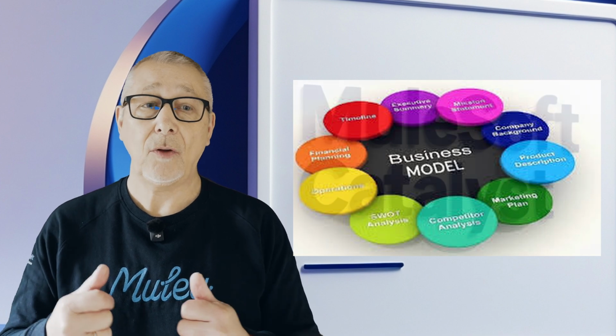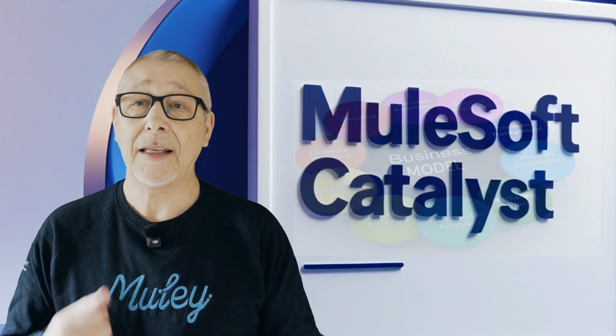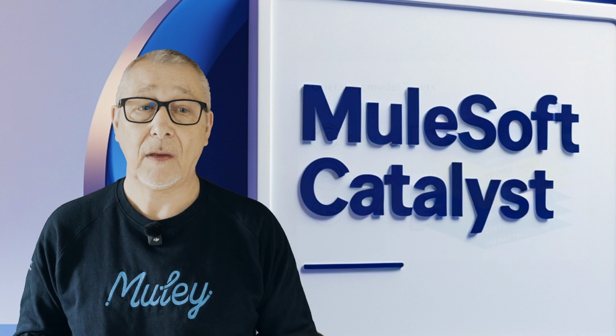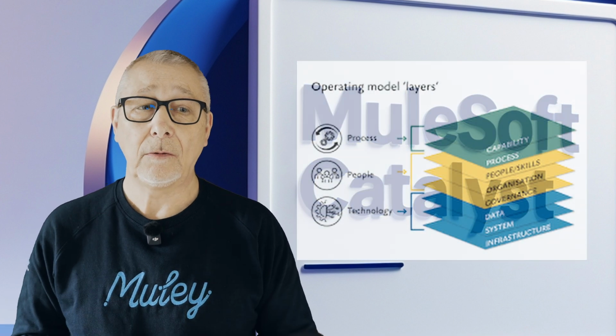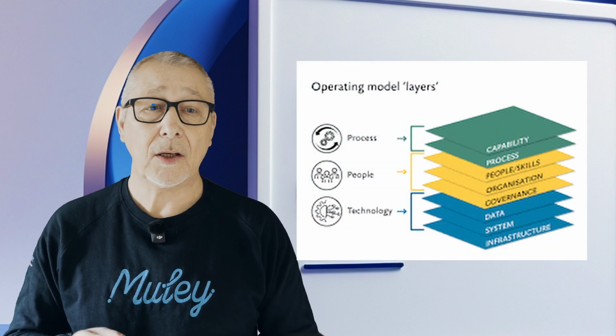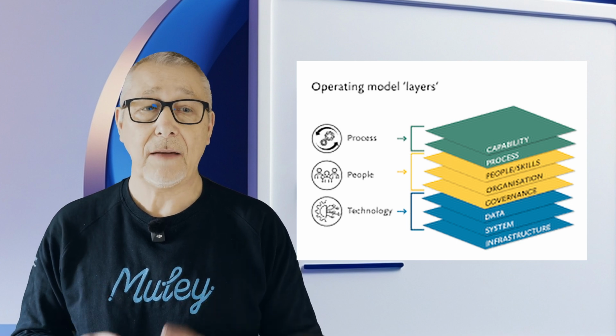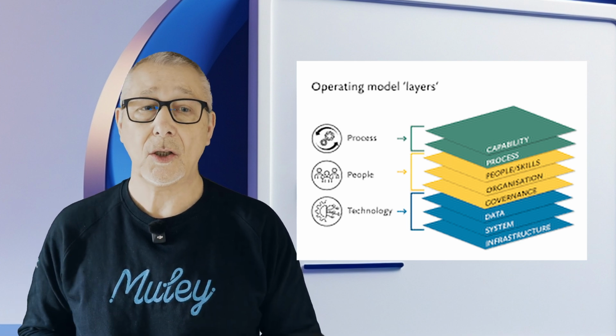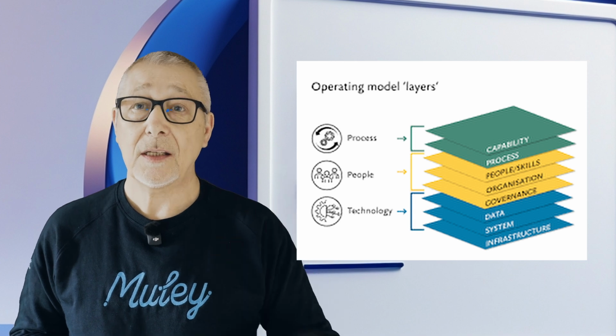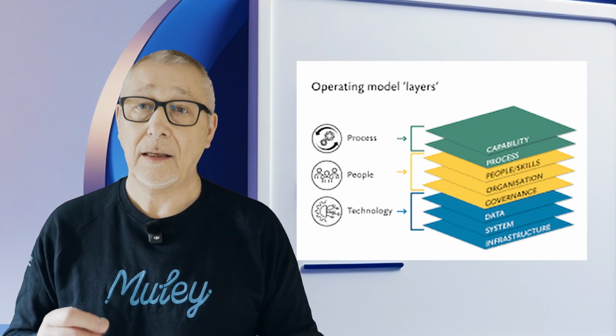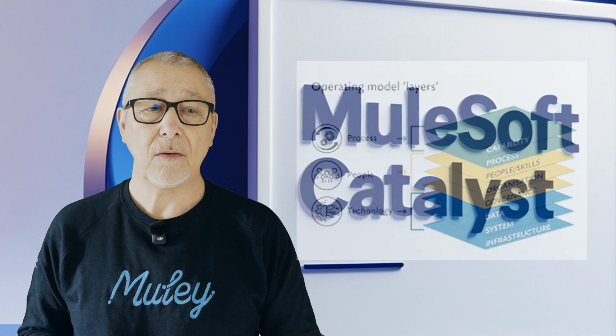Basically, how the company makes money and sustains itself. But the operating model, that's all about execution. It describes how that value is actually delivered through organisational structure, processes, roles, and information systems.